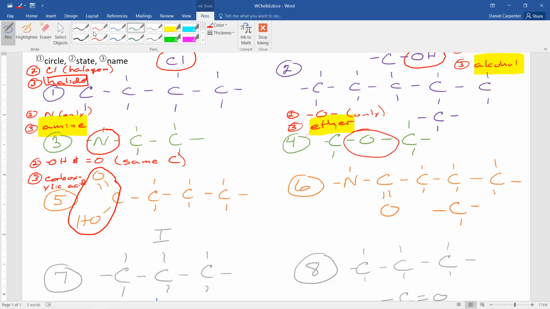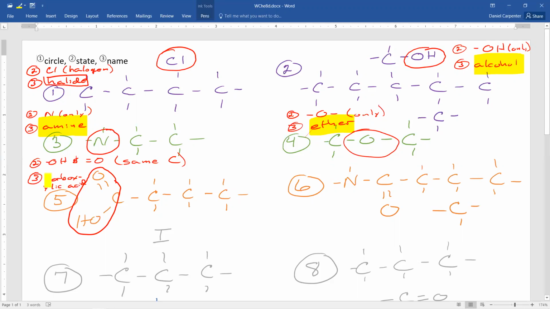Had to squeeze that one in there, didn't I? Carboxylic acid.